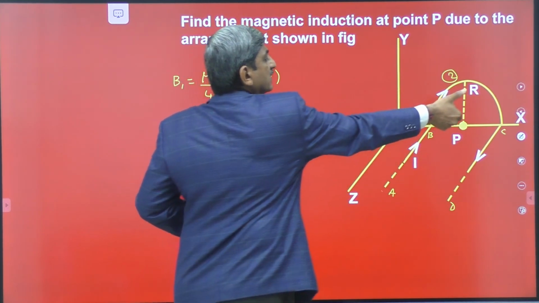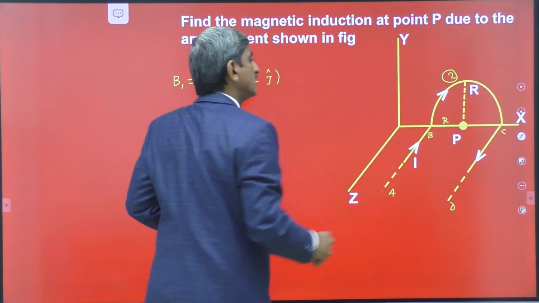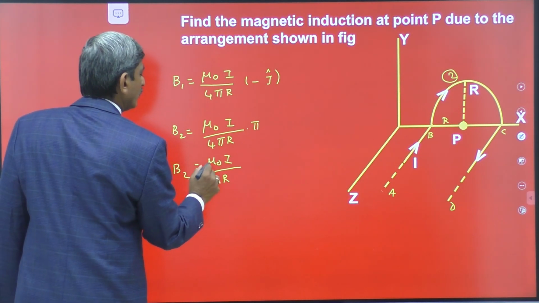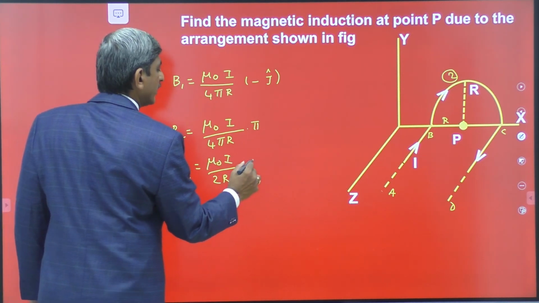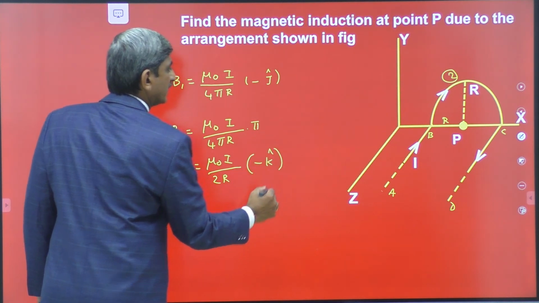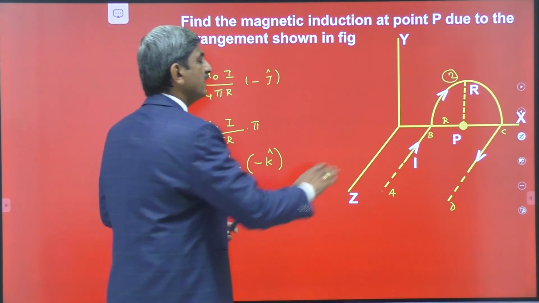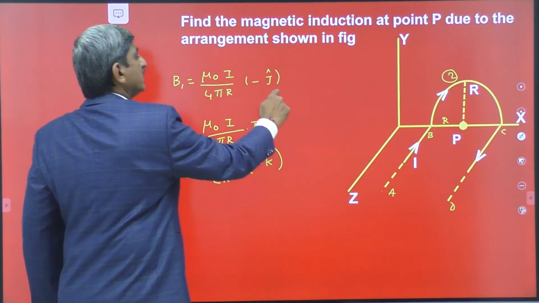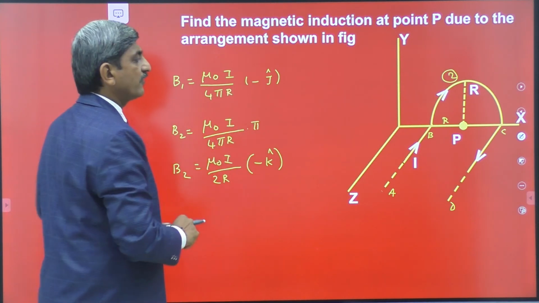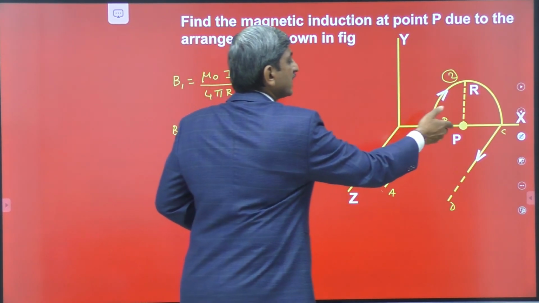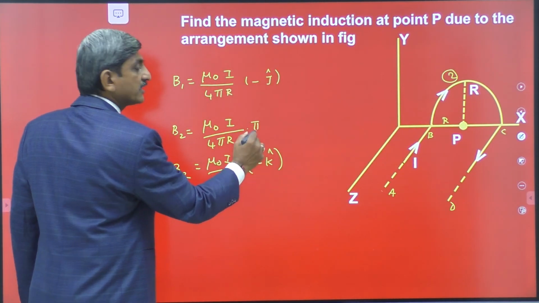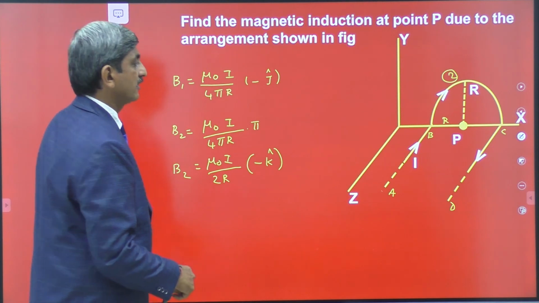That is nothing but along the negative z-axis, so vectorially we can write it as B2 is equal to mu naught I divided by 4r into minus k cap. See here, this B1 is acting along the negative y-axis direction, that's why the value is multiplied with minus j cap to get the vector form. Whereas this B2 is acting along the negative z-axis direction, that's why the value is multiplied with minus k cap to get the vector.